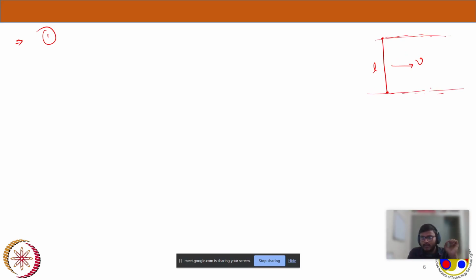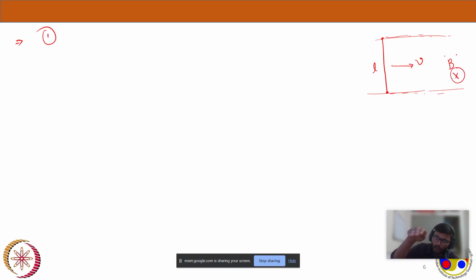So let there be a magnetic field present along the plane of the paper, whose strength is B. B is the magnetic field intensity, and this represents the magnetic field across the plane of the paper. But the direction of the magnetic field will be into the paper. Into the paper means we use the convention cross, right?